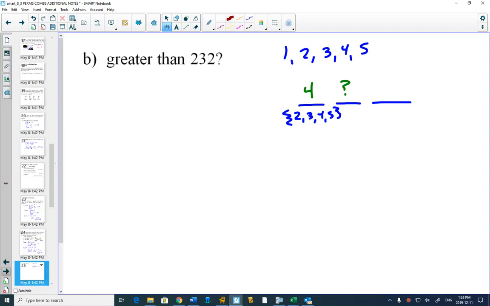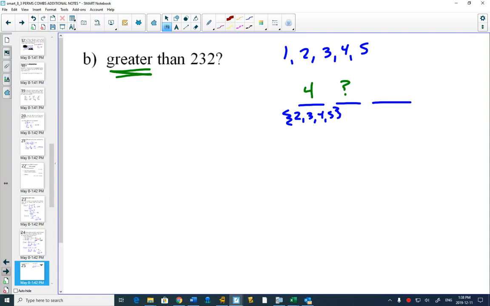Okay. But if I picked a 2 as my first number, I can't have a 1 as my second number, because then I'd have 210, 215. That's not bigger than 232. So these questions that are numbers that say greater are always going to be case questions.